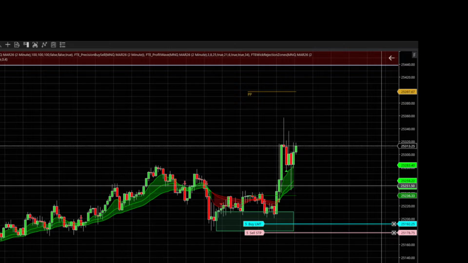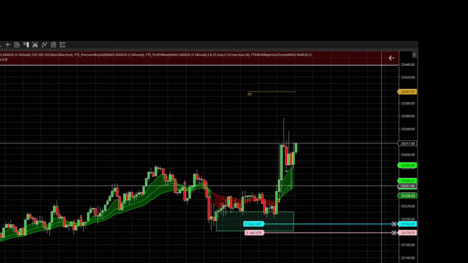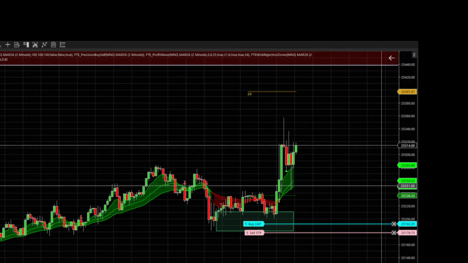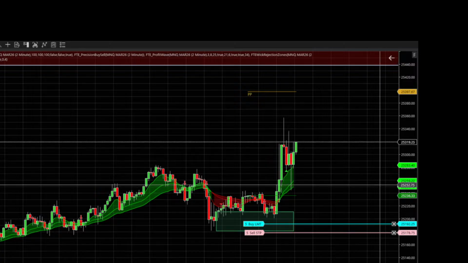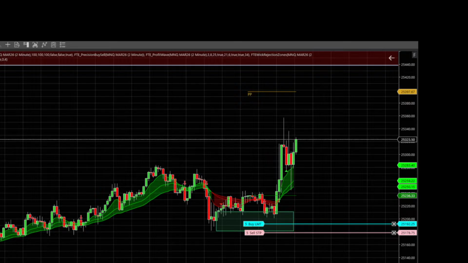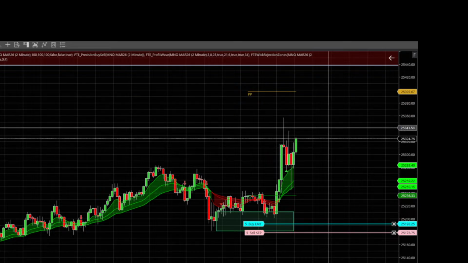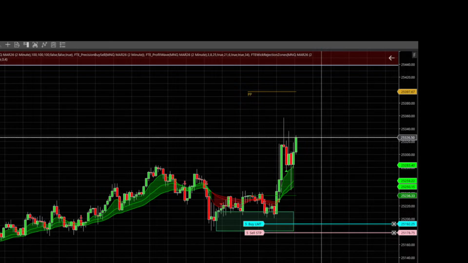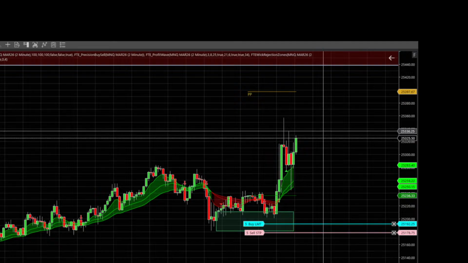We might get us a little push here to the golden pivot. I think we are, but I'm not going to take the trade. I'll wait. You know, we got break of structure coming in play here. It looks like there's some momentum here coming in, like they might be trying to decide direction here.